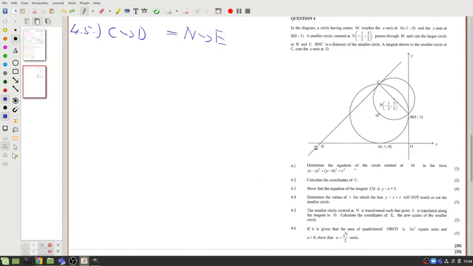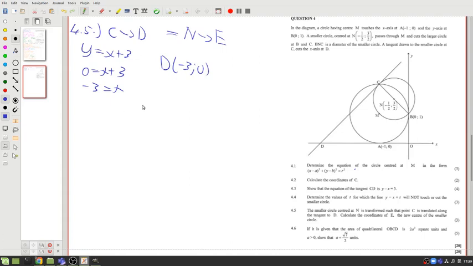Okay, coordinates of D, that's the x-intercept of our line. We already have the equation of the line. The equation of the line was y equals x plus 3. So now we make y 0. So 0 equals x plus 3, which means negative 3 equals x. So the coordinates of D are negative 3, 0.